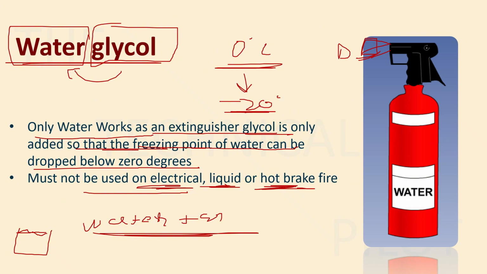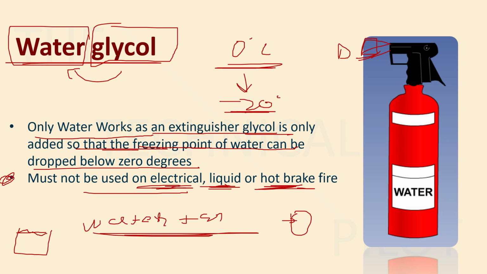You cannot use water for hot brakes because water has cooling properties, right? And if you apply it to hot metal, then the metal itself can develop some damage. It can deform, right? And that is why it is not used on hot brakes. So this is very, very important and very often asked: it should not be used on electrical, liquid, or hot brake fire, right?